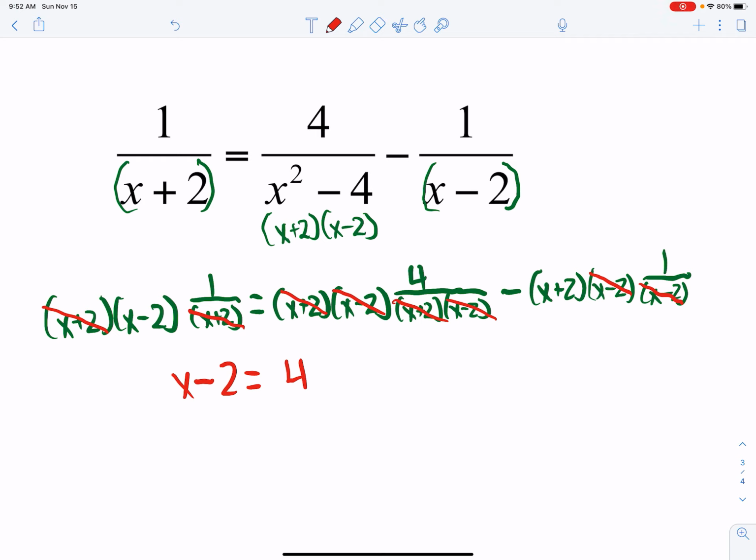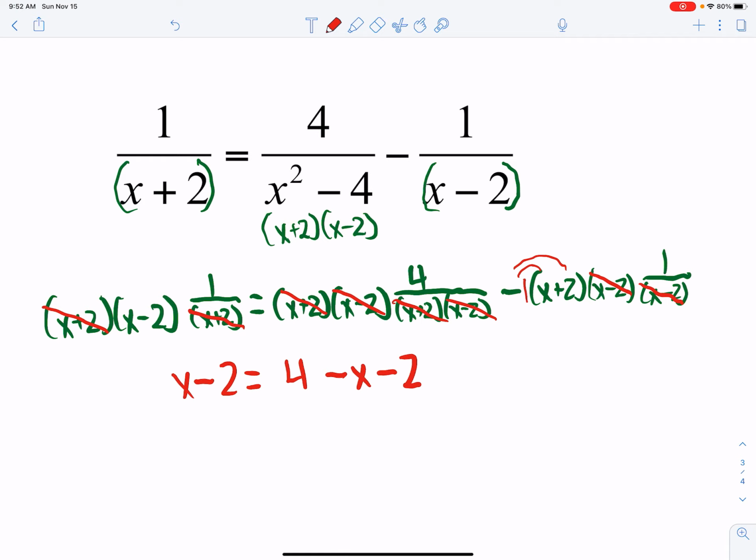What we've got is a negative times x minus 2 times 1. So if we do negative times x minus 2, remember that's like having a negative 1 times x minus 2. If you distribute that negative 1, we would have a negative x and a minus 2. So we've got to be really careful about that here.